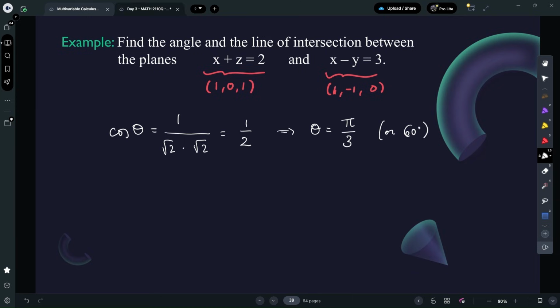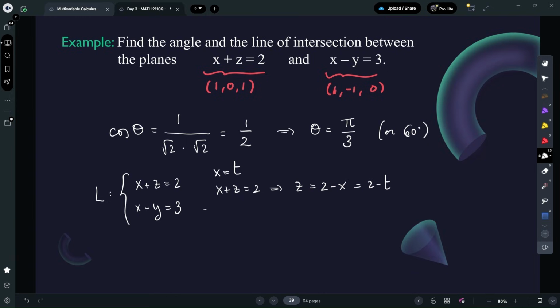Great. So I have the angle, and what about the line of intersection? The line of intersection will be given by the intersection of the two planes. In this case, since x is in both equations, I'm going to take x to be t. Then x plus z equals 2 tells me that z is 2 minus x, so it is 2 minus t.